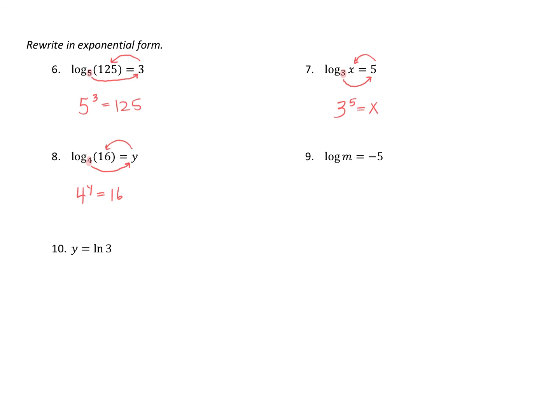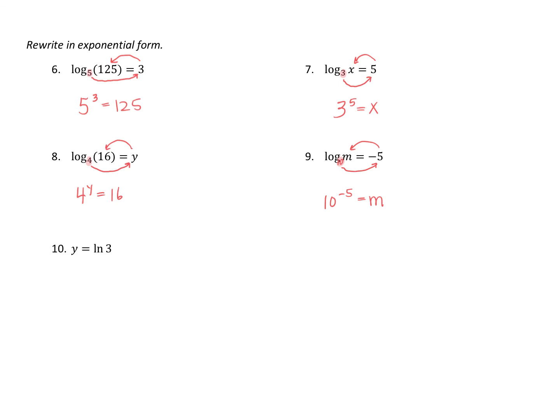So we need to know that the understood base, which would be right here, is 10. That's going to be the base that we write for our exponential equation. So 10 raised to the -5th power is equal to m. And notice that every time I identify the base, I'm then going back and forth across the equal sign to finish writing my equation.